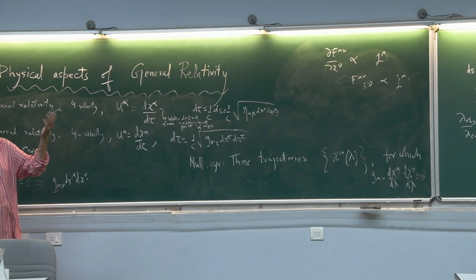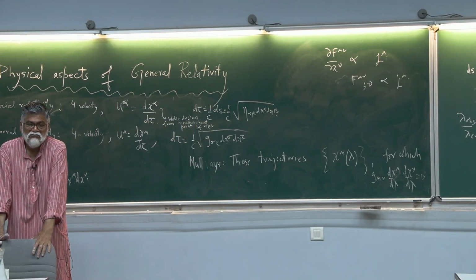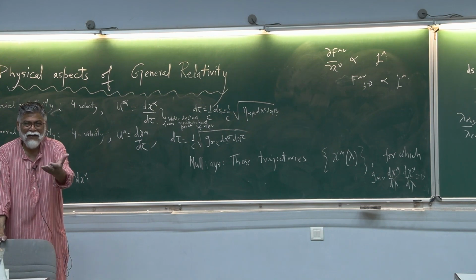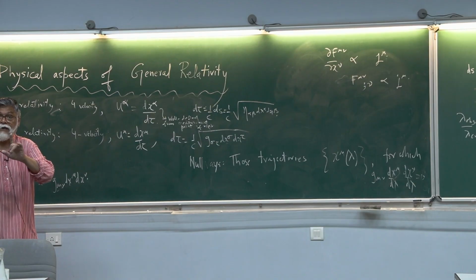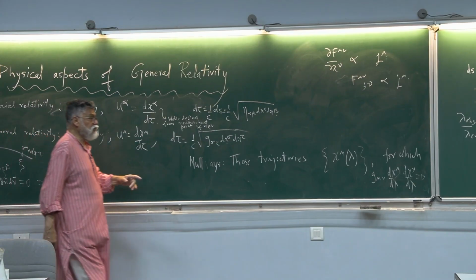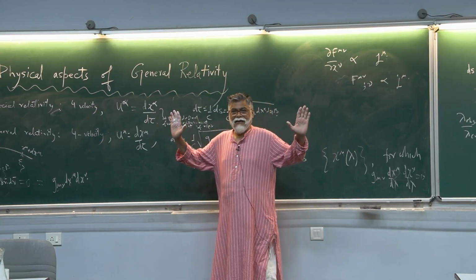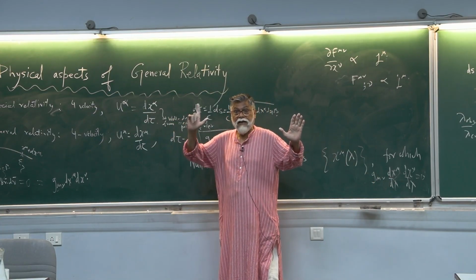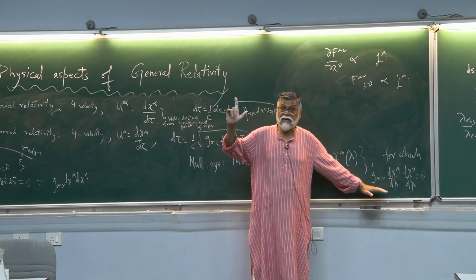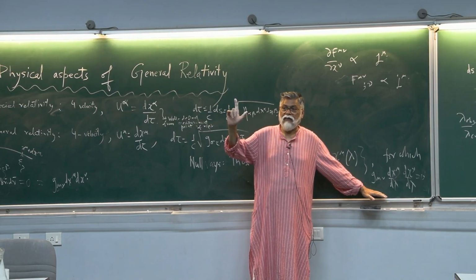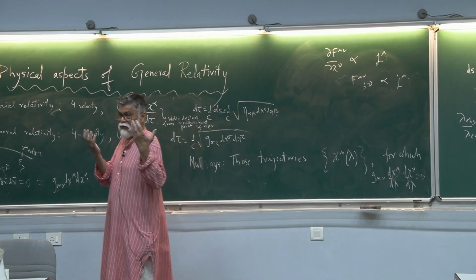Velocities don't have physical meaning, because coordinate velocity dx mu by d lambda has no physical meaning. It doesn't have any connection with measurement. All we can say is when null rays or light in vacuum moves, it moves in such a way that this is 0. That's all we can say. So you say that yes, even in curved space-time, light travels in such a way that this is 0. Now whether you can interpret it as traveling with speed c, that's a matter of interpretation.